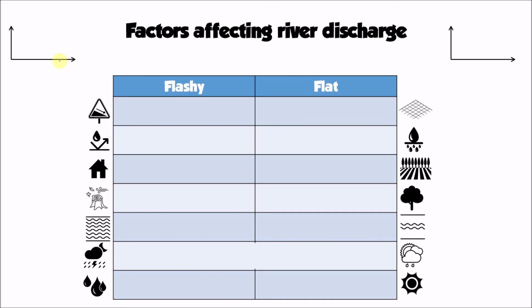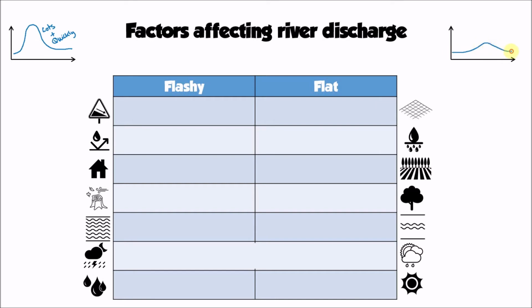Now, a flashy hydrograph is one that might look a little bit like the one we've just drawn actually. It might have quite a steep rising limb and quite a high peak discharge and quite a short lag time. Essentially, we're getting lots of water into the river, and that water is getting in there quite quickly. Whereas with a flat hydrograph, it might have a shape that looks a little bit more like this.